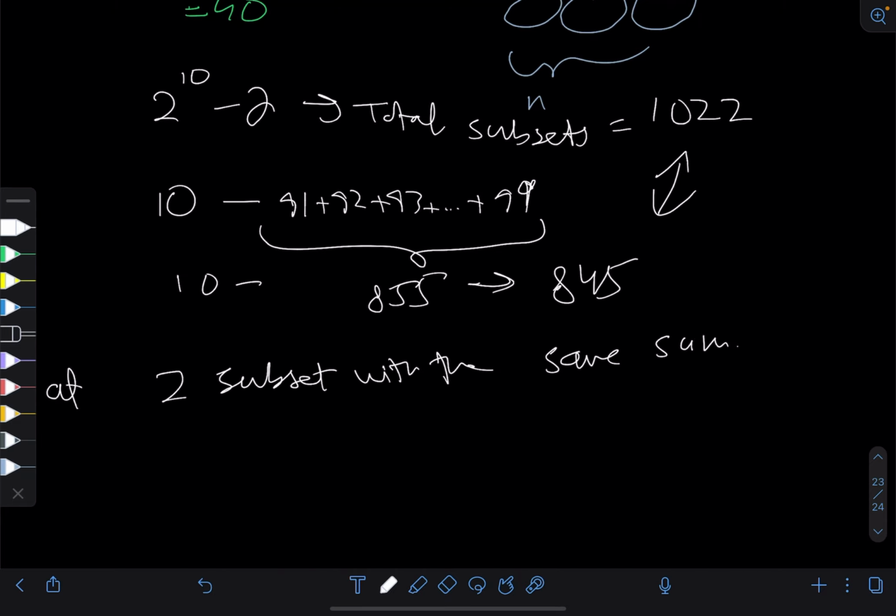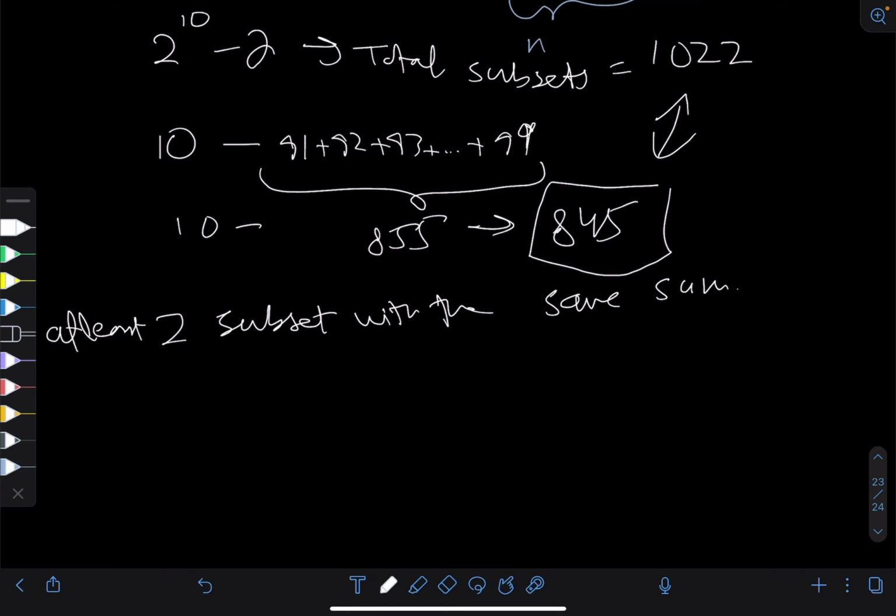Think of your sums as the holes, and the total number of subsets, 1022, as your pigeons. So if you have 845 holes and you're assigning a pigeon to every hole, then you will have at least one hole with at least two pigeons. In other words, there will be at least two subsets with the same sum.